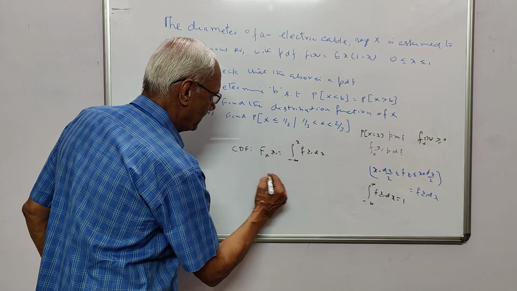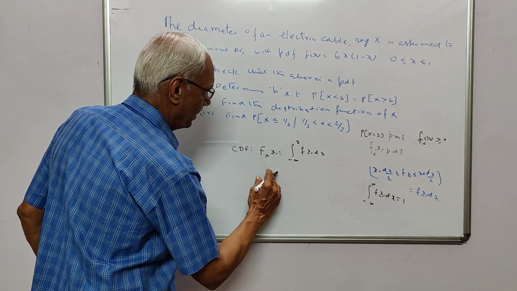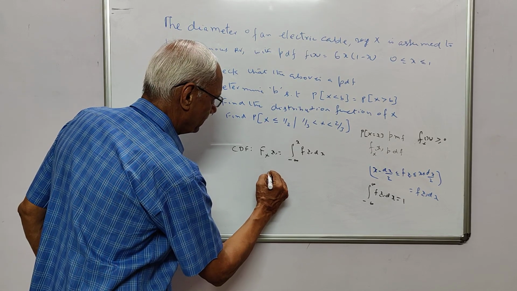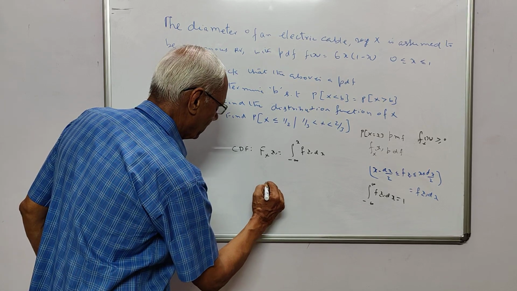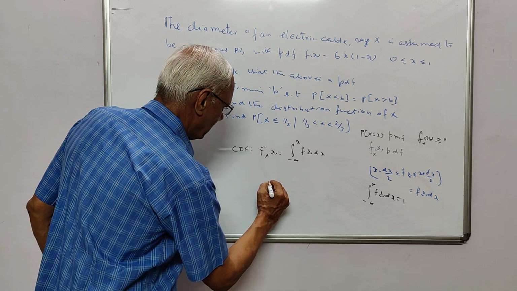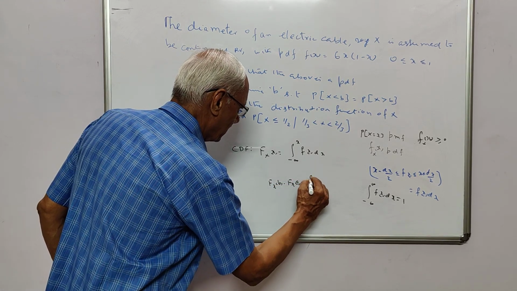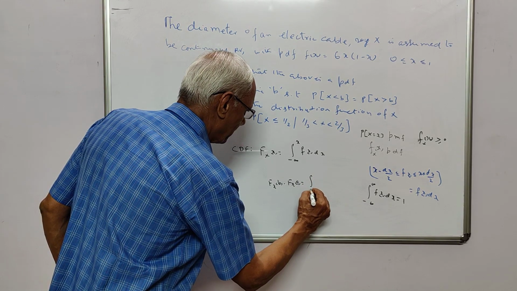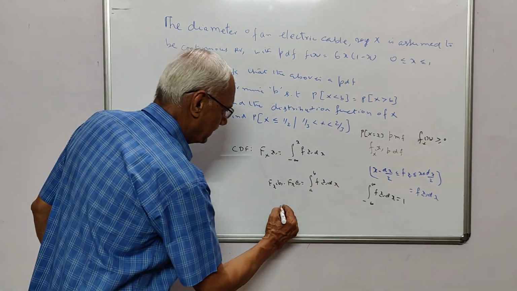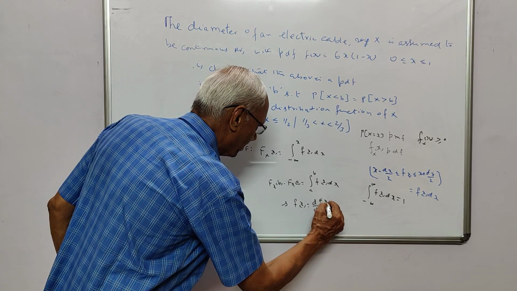And we can write F_X of b minus F_X of a is equal to the integral from a to b of f of x dx, and f of x is equal to d by dx of F of x.